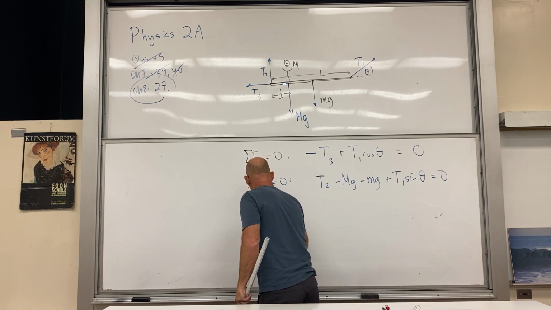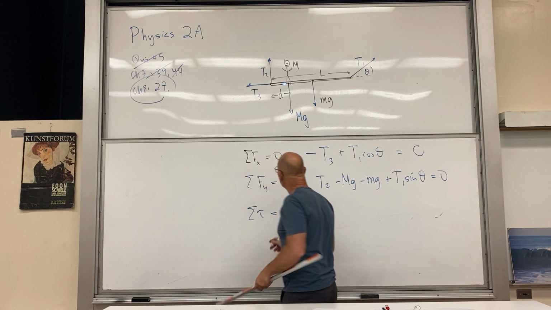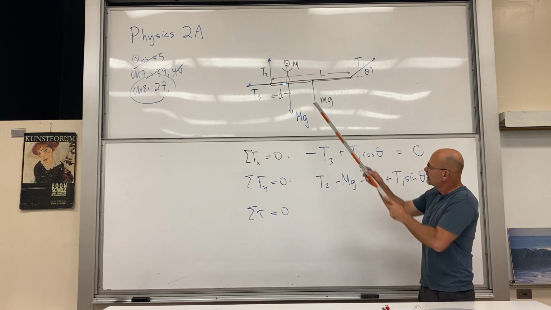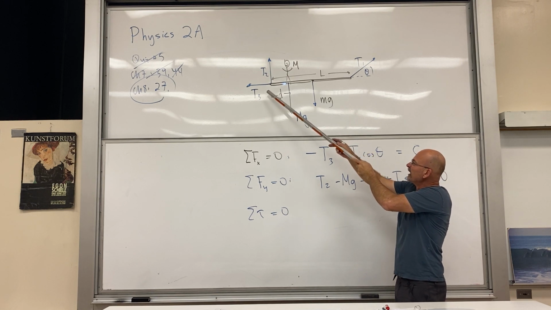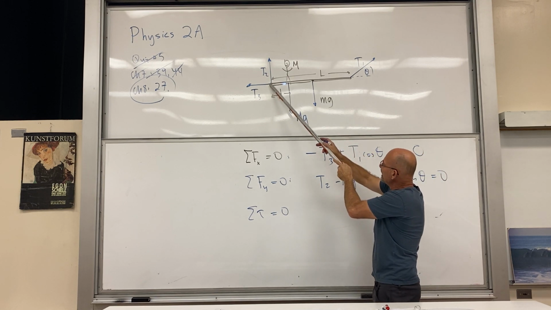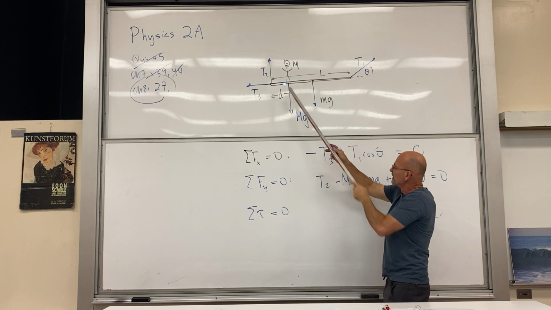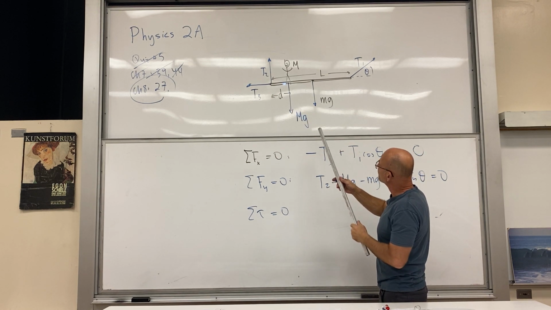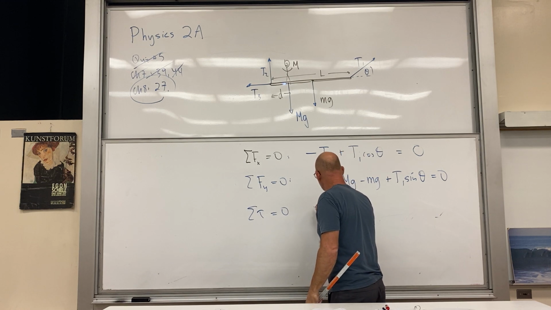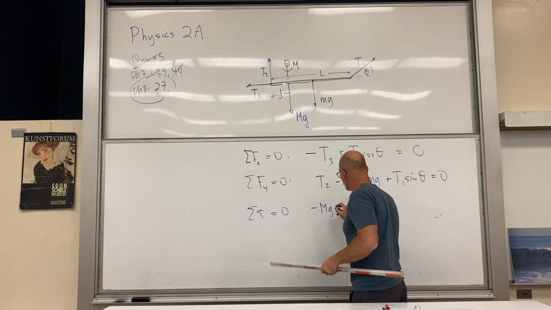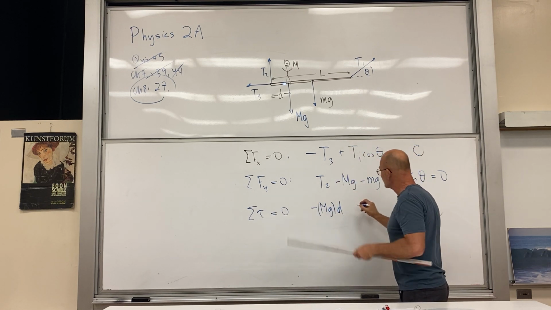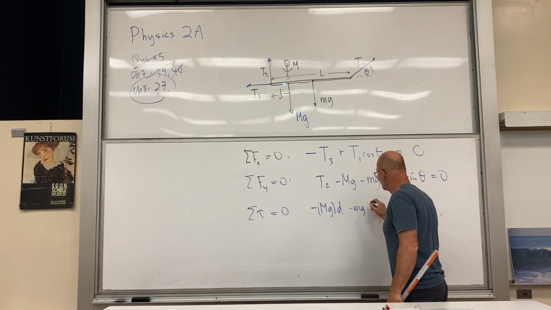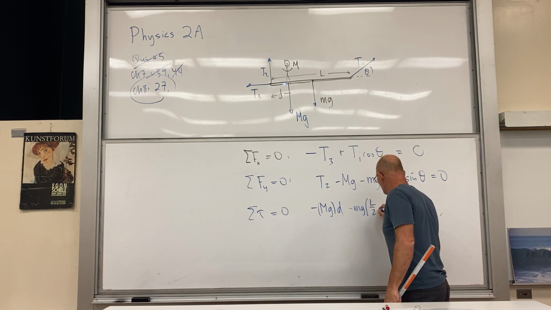Now we can measure the torque anywhere we want, but the left side here is a good spot to measure it from. Then these two forces, T2 and T3, produce no torque. Okay. So for the torques, we have clockwise torque. It's a minus sign, so minus capital Mg times the length d. And then we have minus lowercase mg times the length capital L over 2.